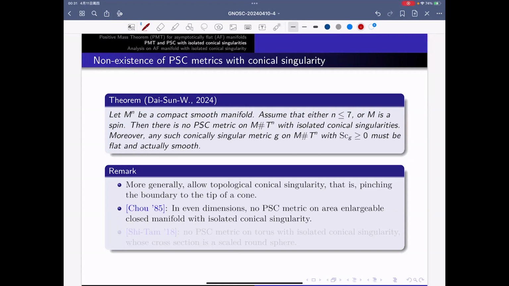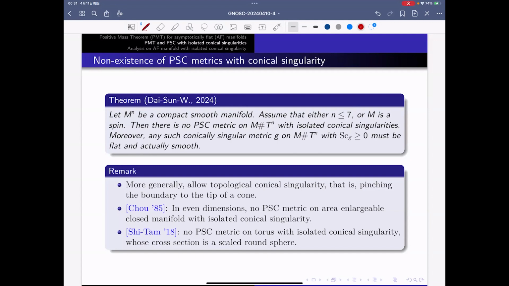And more recently, Shi and Tam proved a similar result on the torus: non-existence of a positive scalar curvature metric on a torus with isolated conic singularity. Their cross section is a scaled round sphere. All right, so these are our main results.